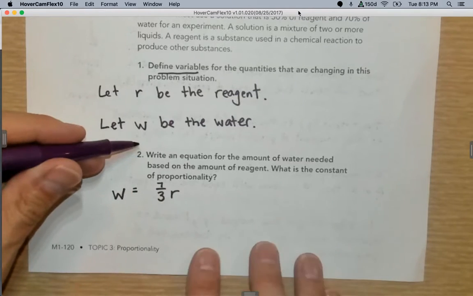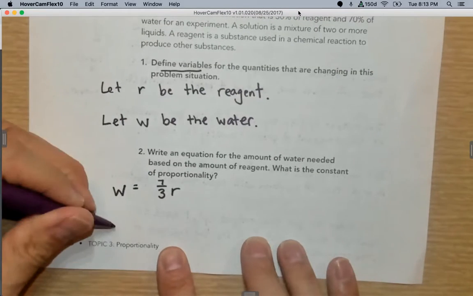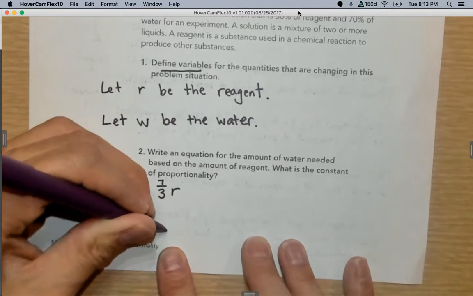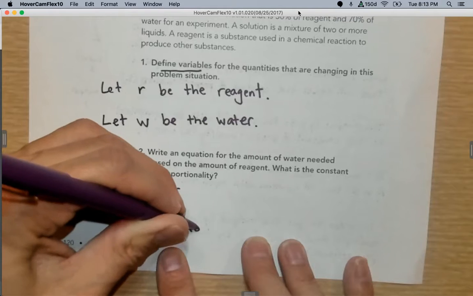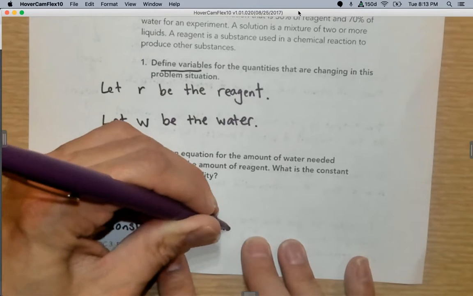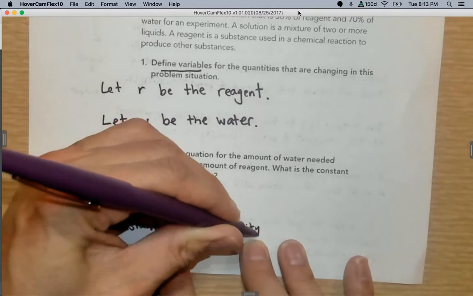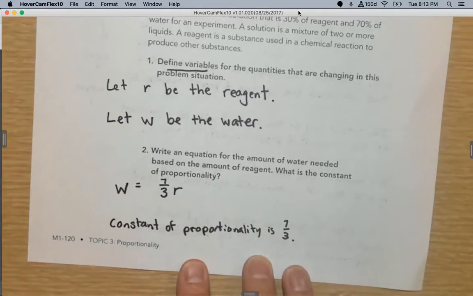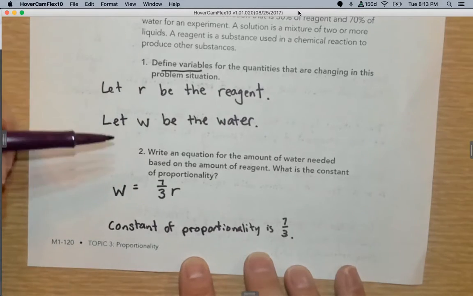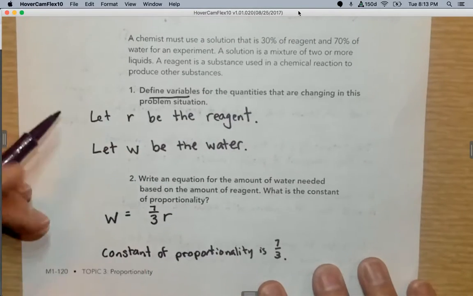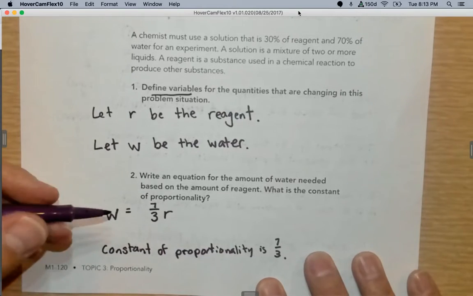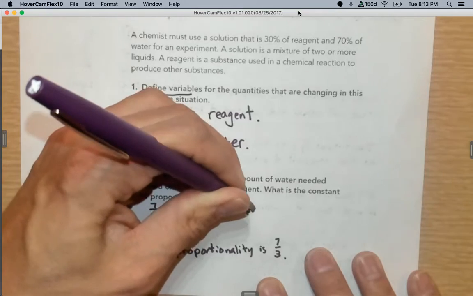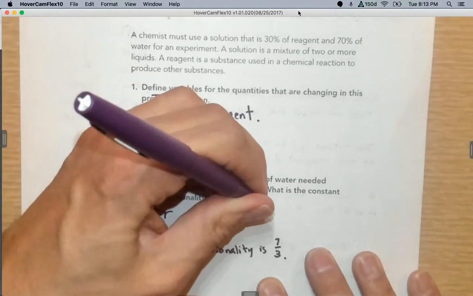I like that. What is the constant of proportionality? The constant of proportionality here is 7/3. Okay. So if I'm thinking about this from the beginning, because 7/3 isn't what you'd expect to see here, but if I'm thinking about this, the input in this instance is the reagent.